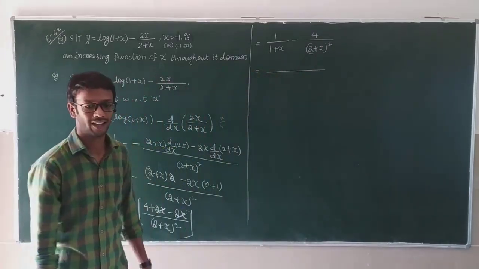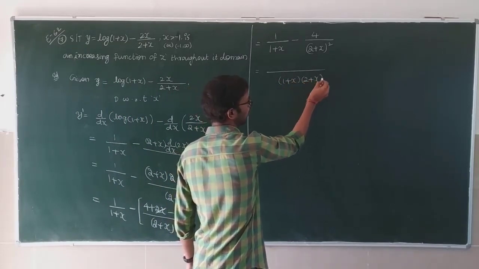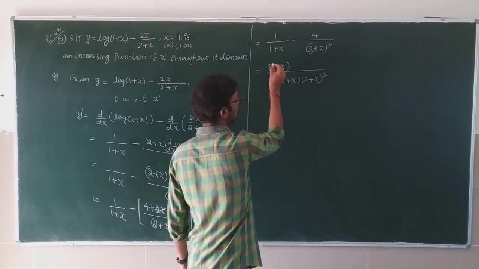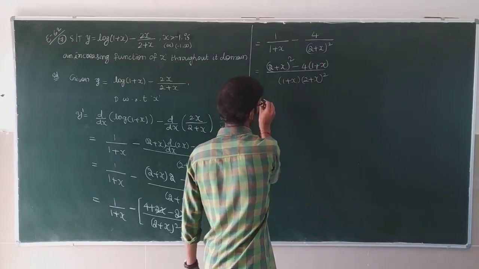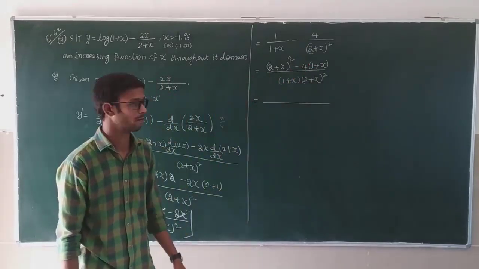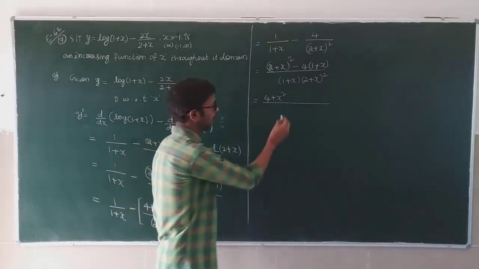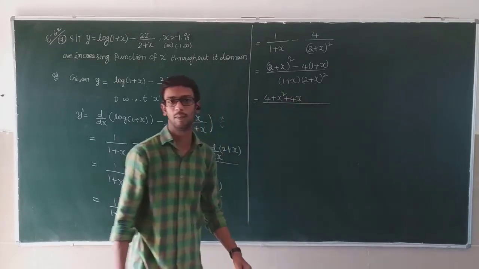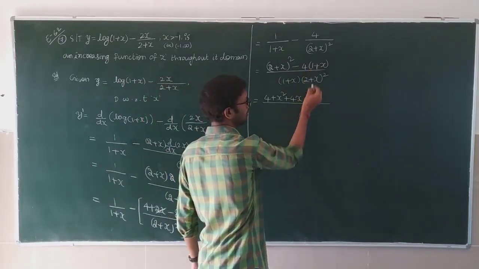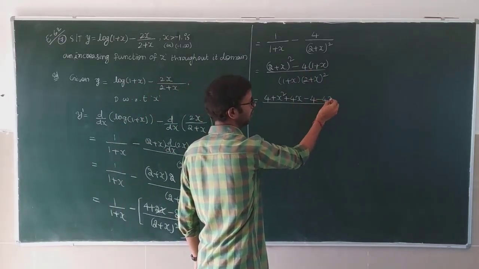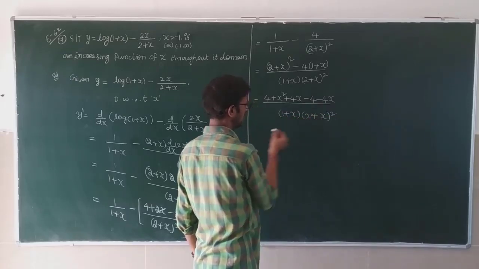Take the LCM: 1 plus x into 2 plus x whole square. Cross multiply: 2 plus x whole square minus 4 into 1 plus x. Using the a plus b whole square formula, 4 plus x square plus 4x minus 4 minus 4x, divided by 1 plus x into 2 plus x whole square.